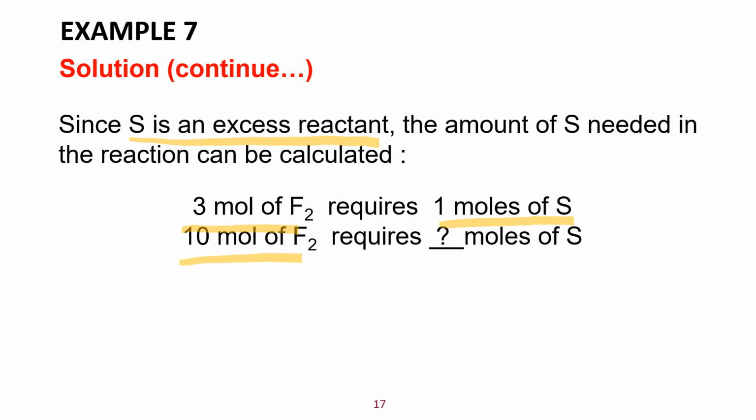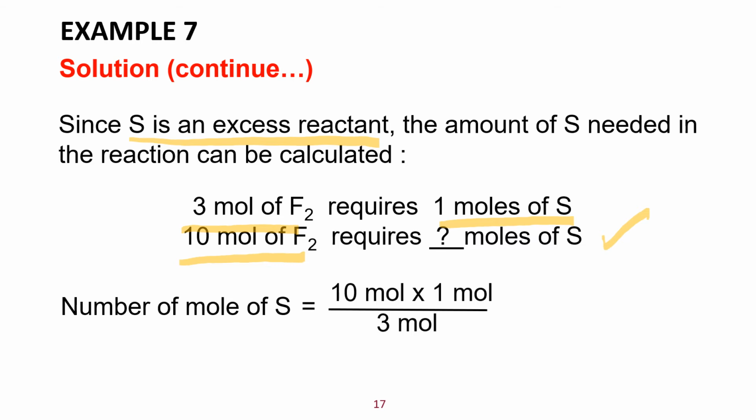When we have 10 moles of fluorine available, how many moles of sulfur would be reacted? To determine the number of moles of sulfur reacted, we can use the cross-multiply method, and it will obtain the number of moles of sulfur that equals 3.33 moles.